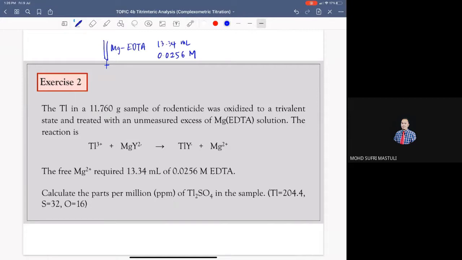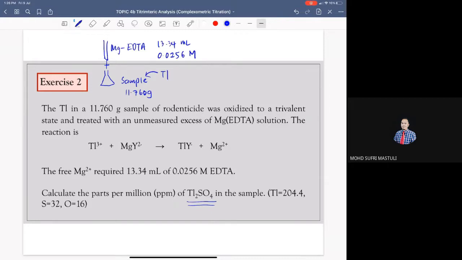All right. So now you have to calculate the ppm, parts per million, of this Tl2SO4. So the analyte in the sample in the volumetric flask is a sample of about 11.76 gram, containing thallium.